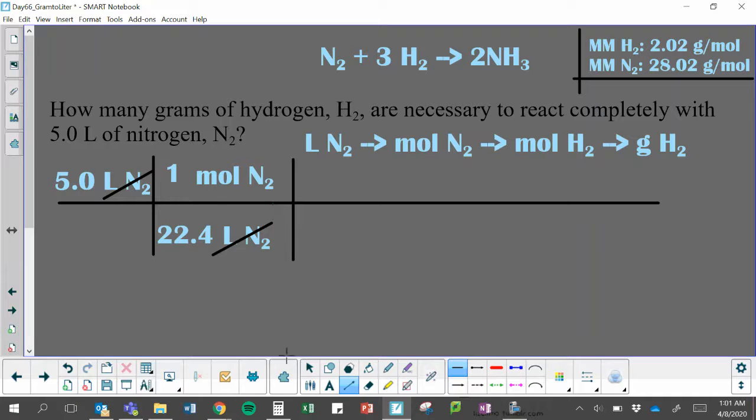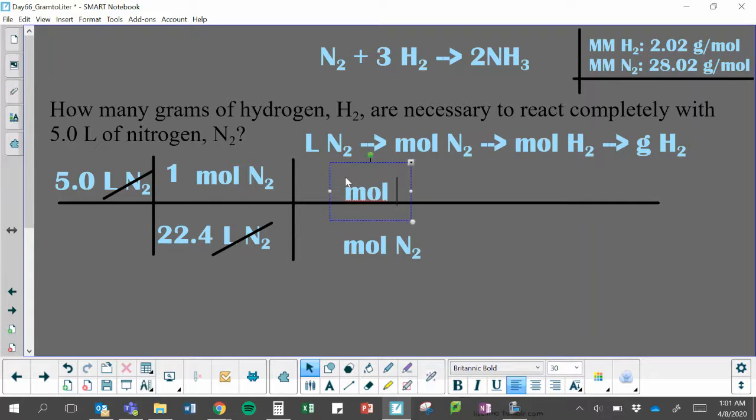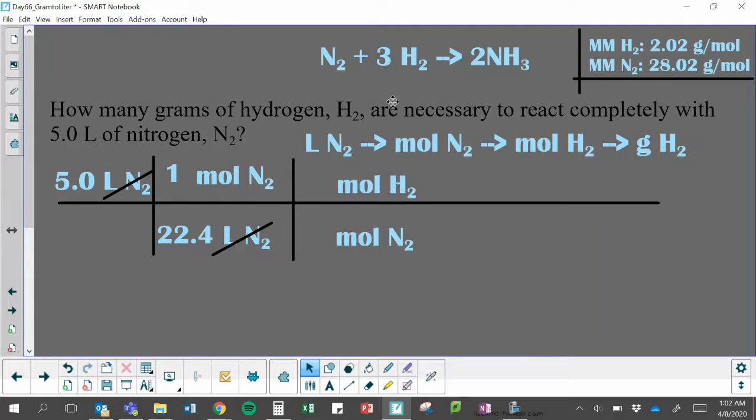We're now in moles of N2. We can convert moles of N2 into moles of H2. Moles over moles, we're using our equation. So N2, we have a 1. H2, we have a 3. So now those cancel. We're in moles of hydrogen.